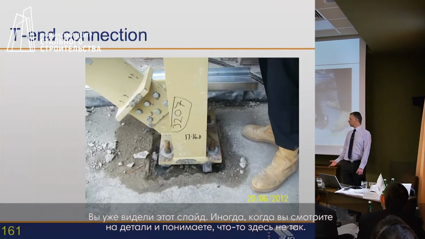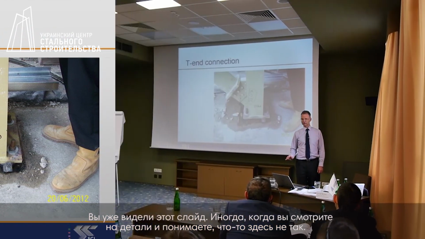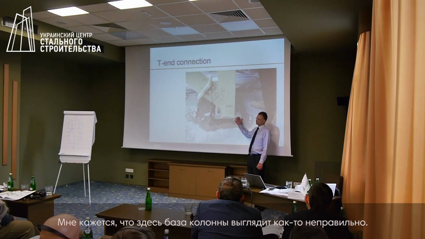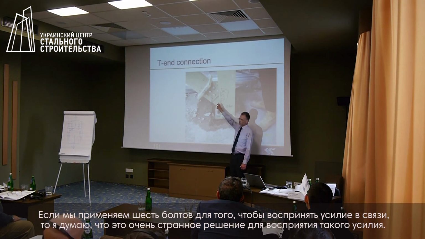Now, we've seen this slide before, and sometimes when you look at details, you just know things are wrong. The base plate looks wrong to me. If we need 6 bolts to carry this force, then I think this is an unusual detail for such a high force.